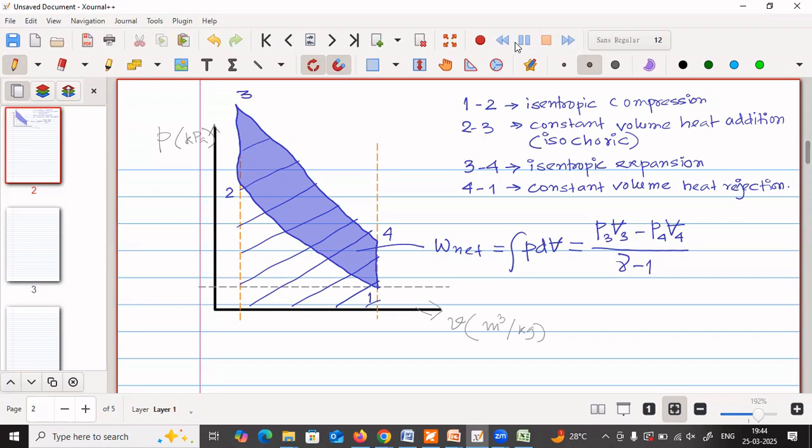Okay. Next, the area under the 1 to 2 process, what is that? Area under the 1 to 2 process is this one, this green part.